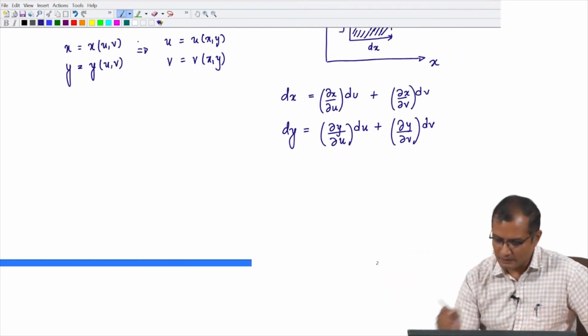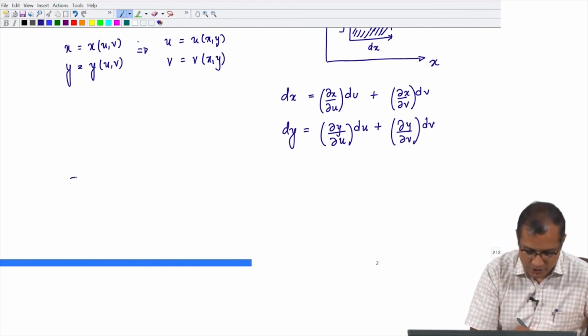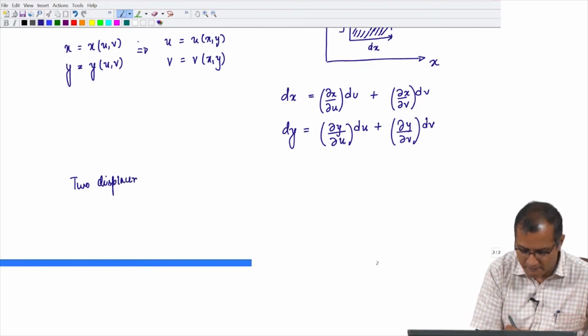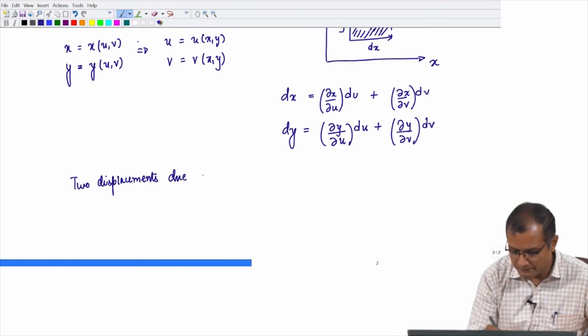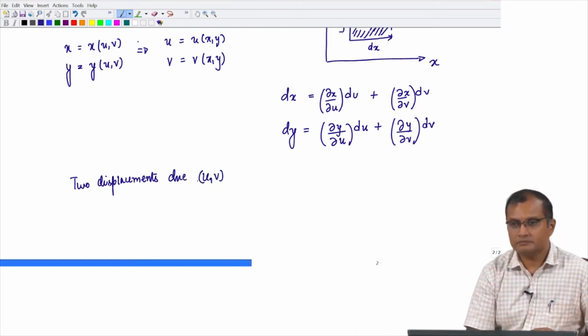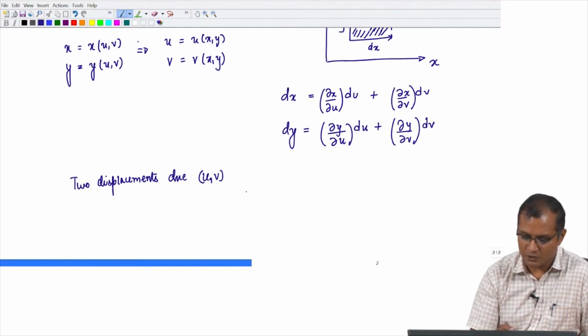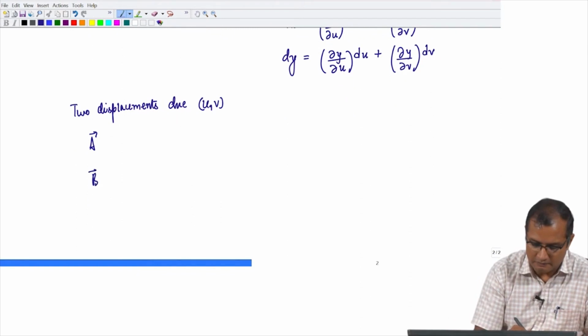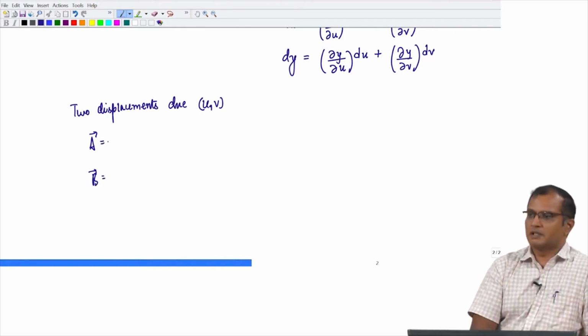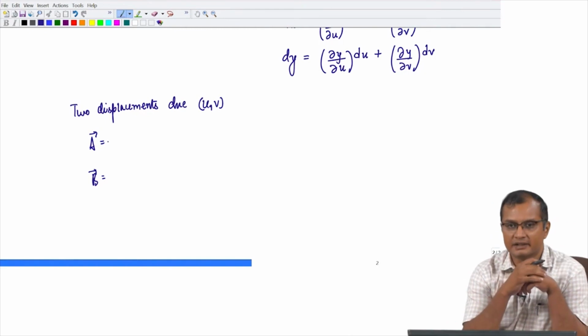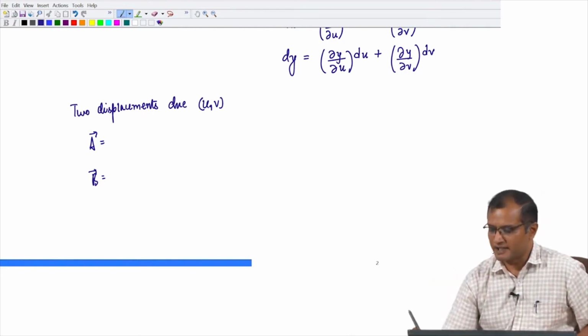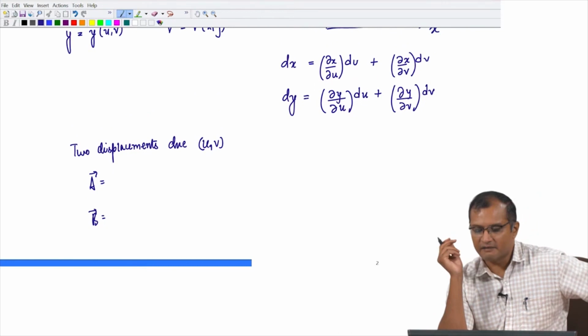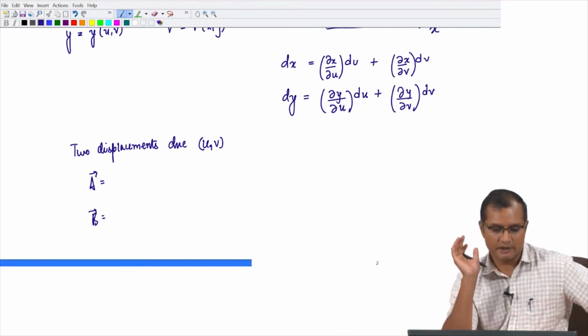So, I can imagine now two displacements due to the u, v pair. Okay, so, I will call the displacements due to the u, v pair as some vectors A and B. The displacements due to x and y were dx and dy. So, you can already see the form of this vector A and B. If you look at the dx and dy, you can already pick up the form of u and v. Okay.